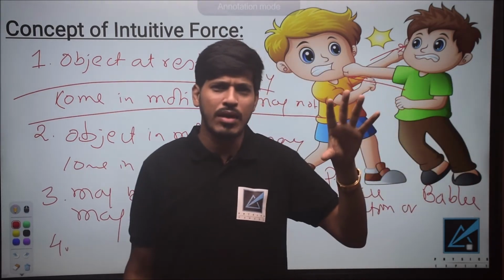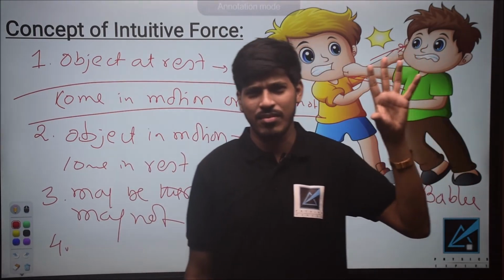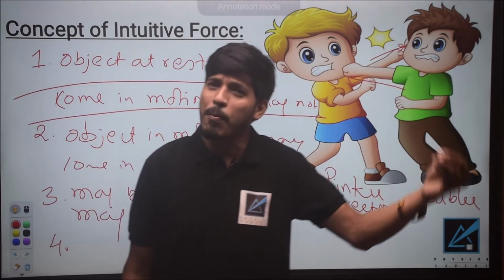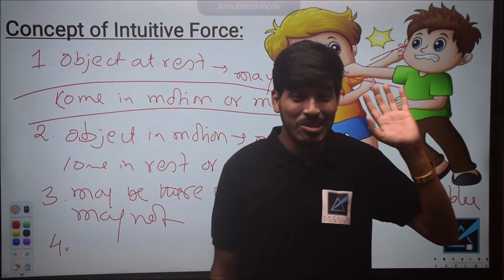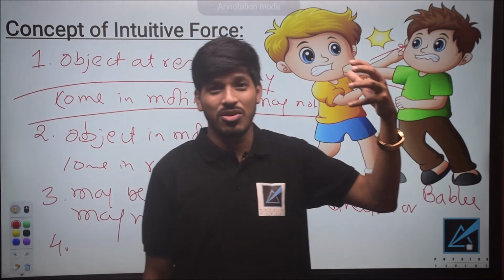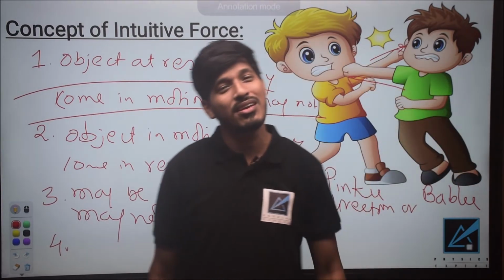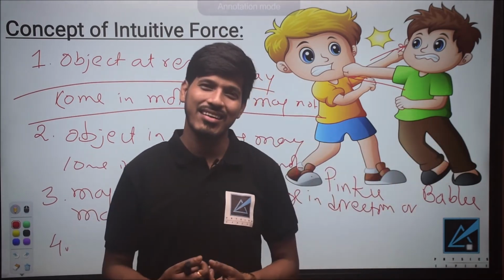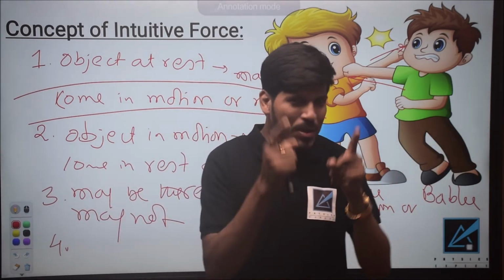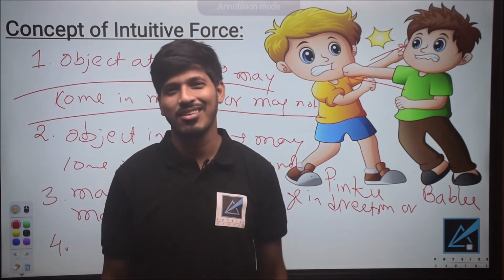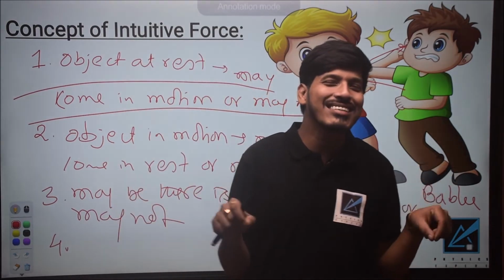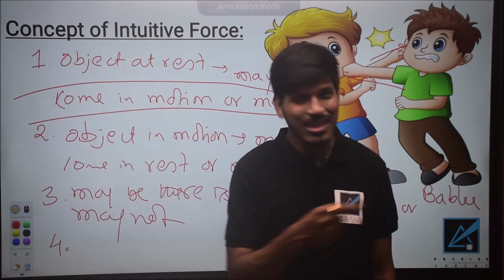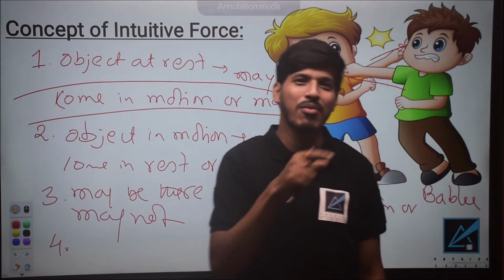motion in an object at rest, which stops or tends to stop the motion of a body, which changes the direction or tends to change the direction of the motion of an object in motion. So many things are there. I repeat it again. Force is an external agency in the form of push or pull, which produces or tends to produce motion in a body.